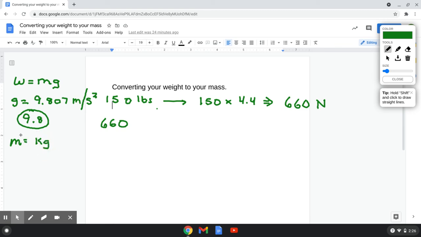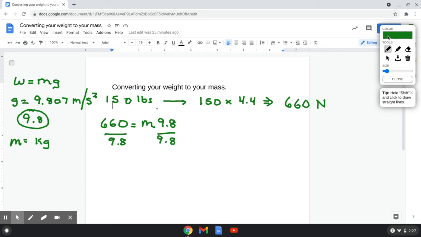We have our 660 newtons, we don't have our mass, but we do have the gravitational constant of 9.8. So now we're just doing a little algebra. We want to solve for m, so we just divide out.